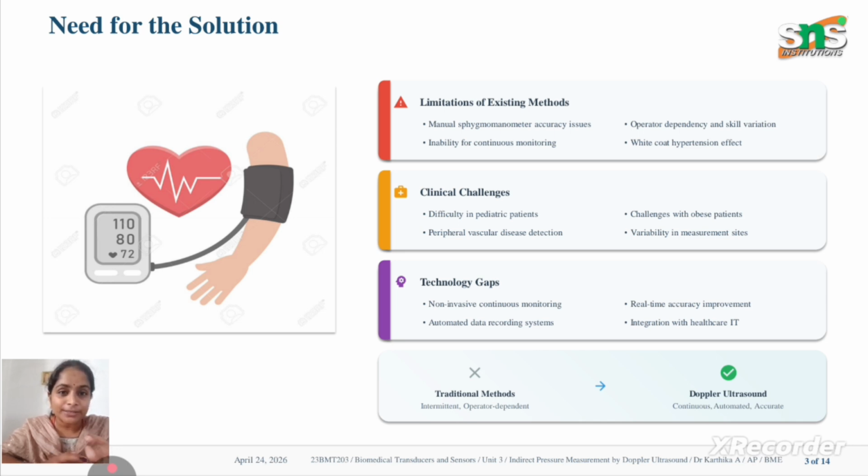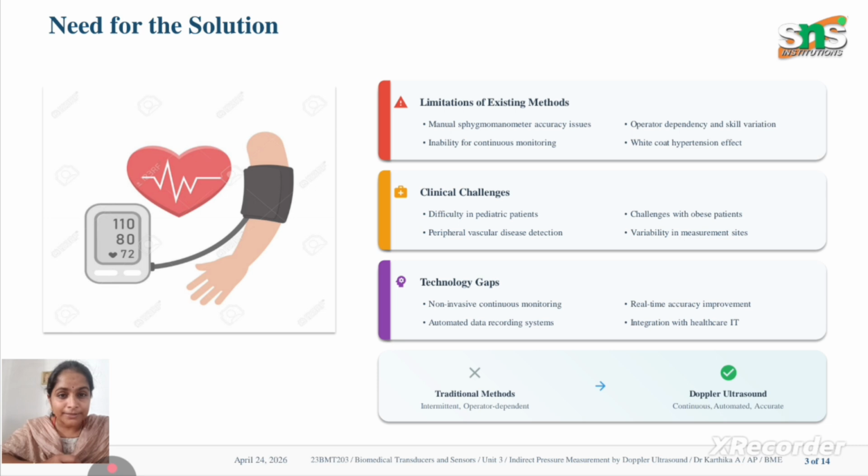The clinical challenges involve difficulty in pediatric patients, challenges with obese patients, peripheral vascular disease detection, and variability in measurement sites. These are all the clinical challenges for clinicians as well as healthcare industry people.